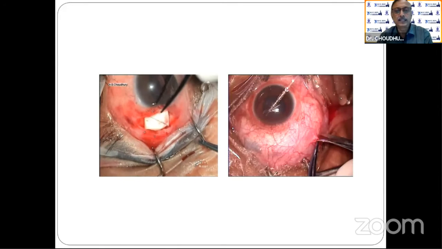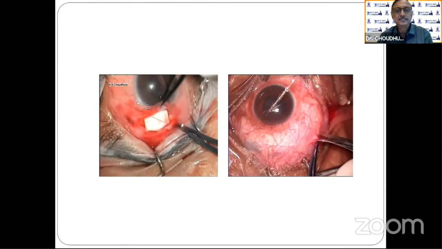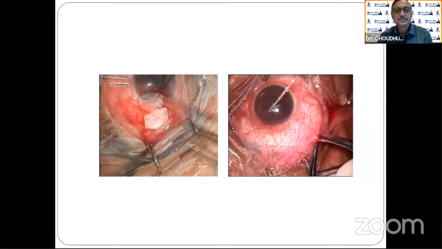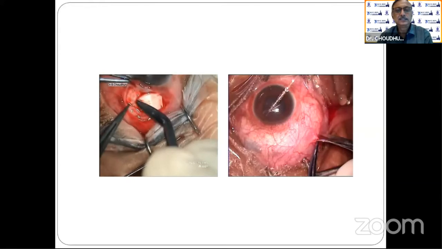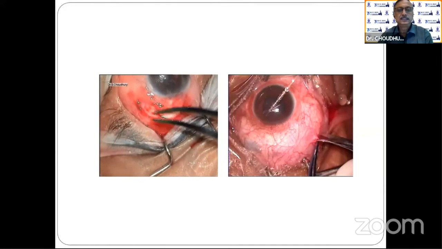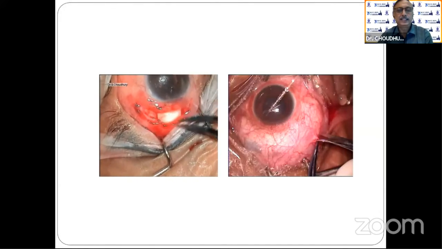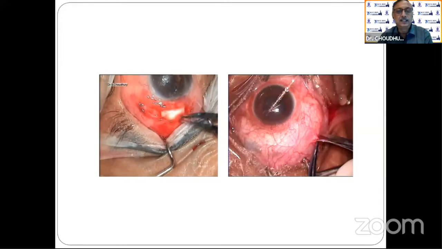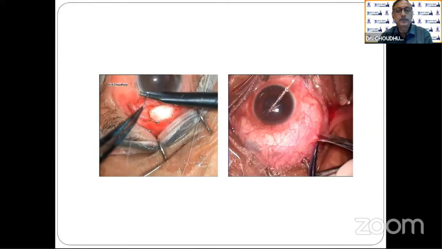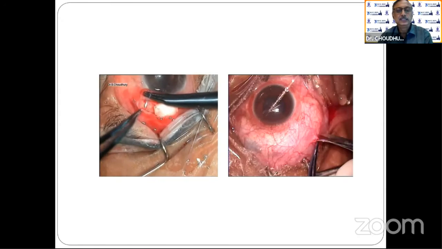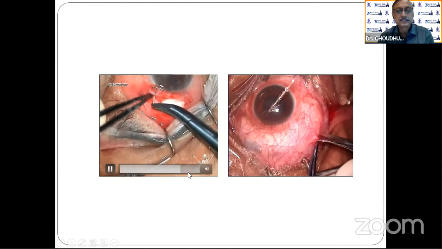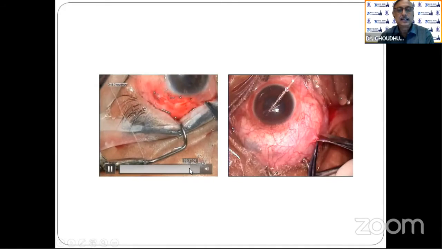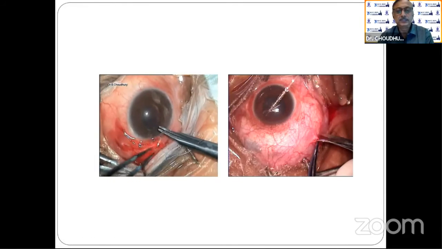I'll take a little more time. There's lots of time. The sclera has been fixed. And you have to stitch both the Tenon's separately with interrupted sutures, and the conjunctiva with a continuous suture.